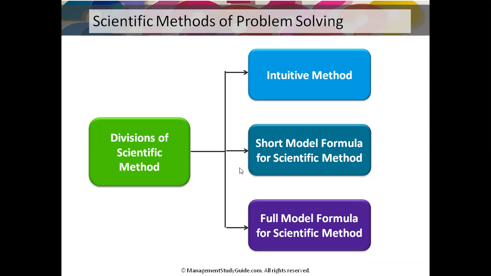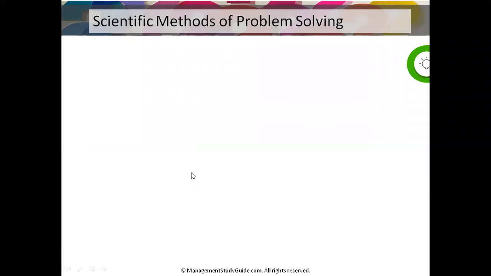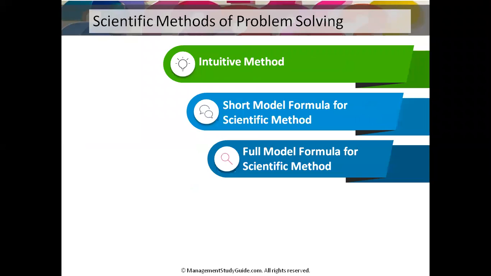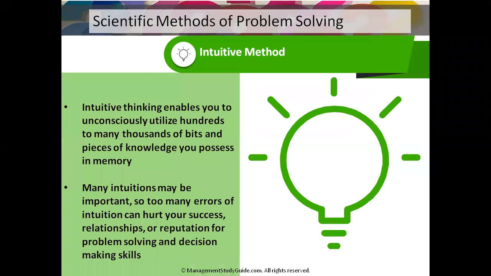So let's look at what each one is trying to say. For the intuitive thinking, it enables you to unconsciously utilize hundreds to many thousands of bits and pieces of knowledge you possess in memory. Many intuitions may be so important, so too many errors of intuition can hurt your success, relationship, and reputation, for problem solving and decision making skills.